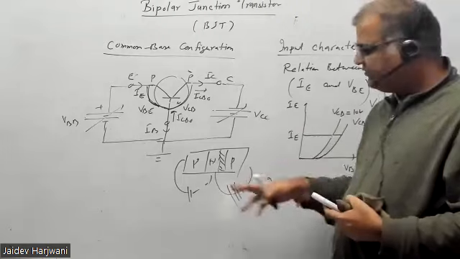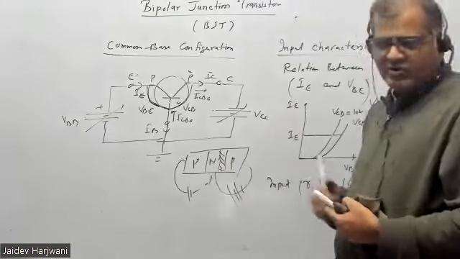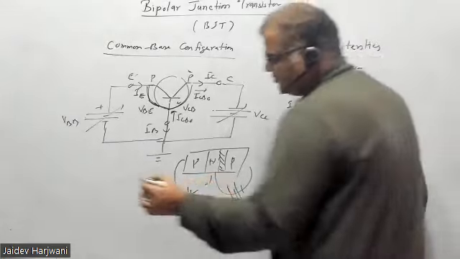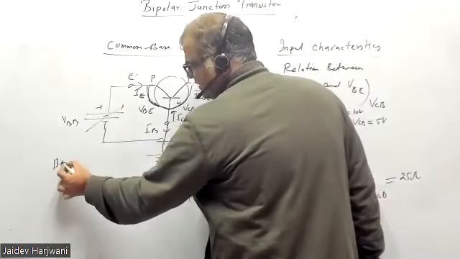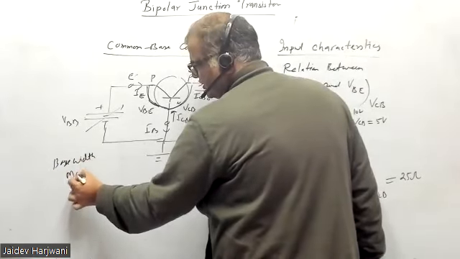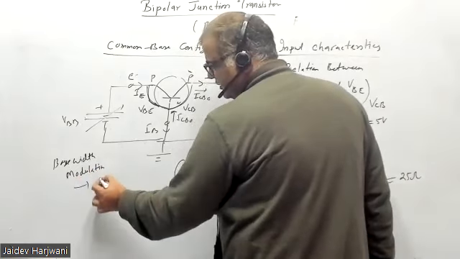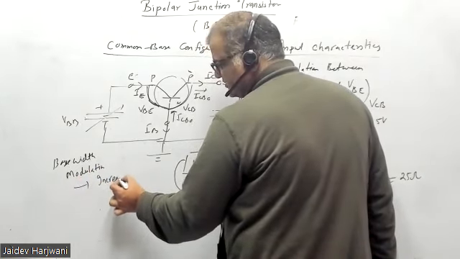That is the point. Okay, you have to remember. And why is it happening? It is happening because of base width modulation. What is the meaning of base width modulation? Base width modulation means increasing VCB, or reverse bias.